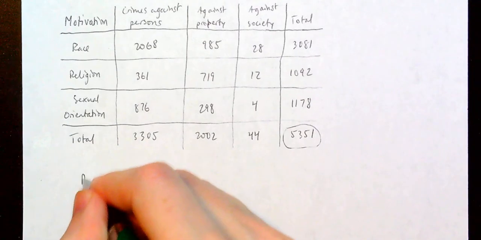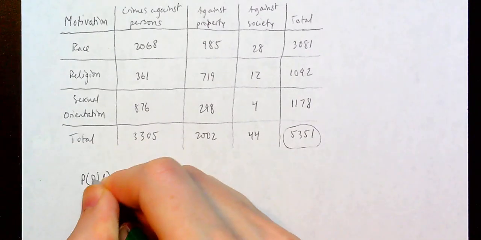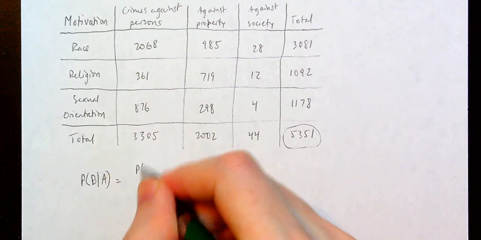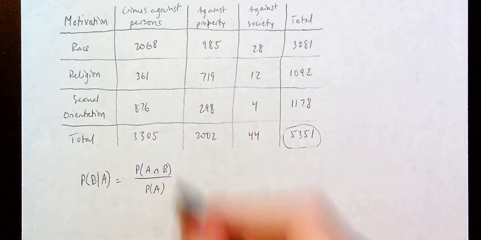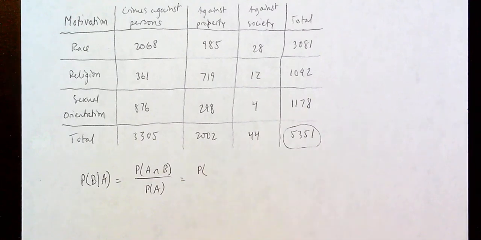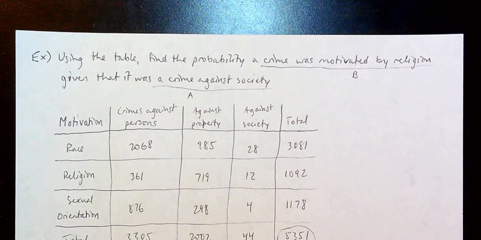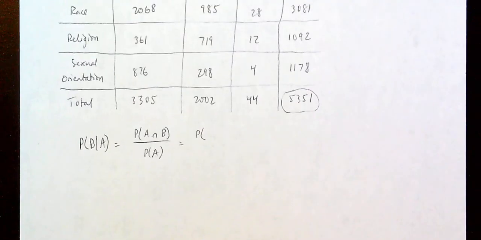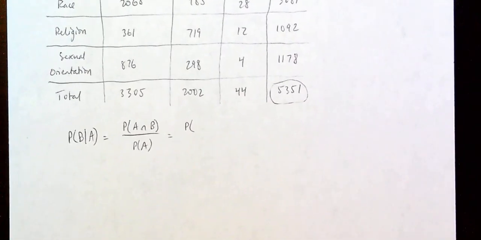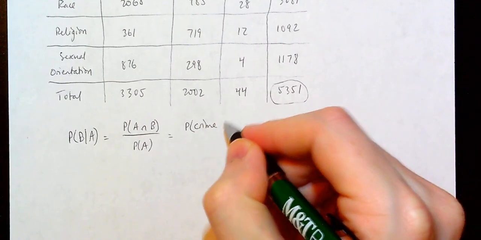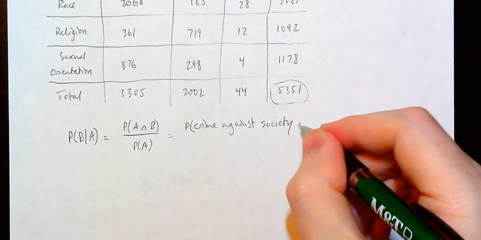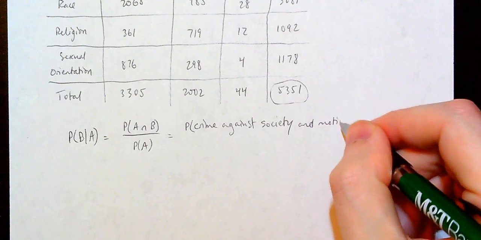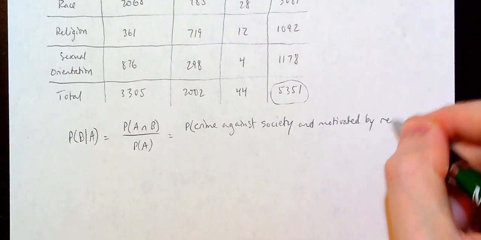So, in figuring out this probability, P of B given A is P of A and B divided by P of A, which, putting it back into words here, P of A and B is saying that it was a crime against society and the crime was motivated by religion.